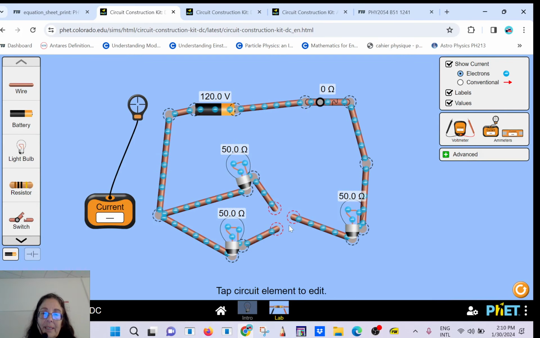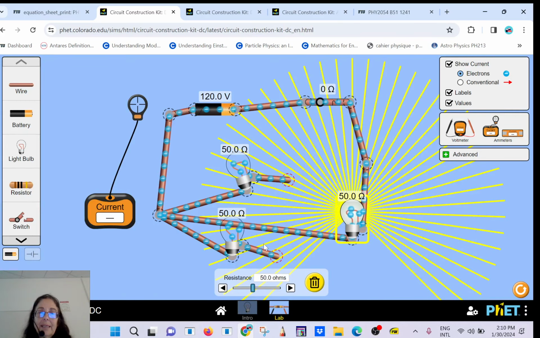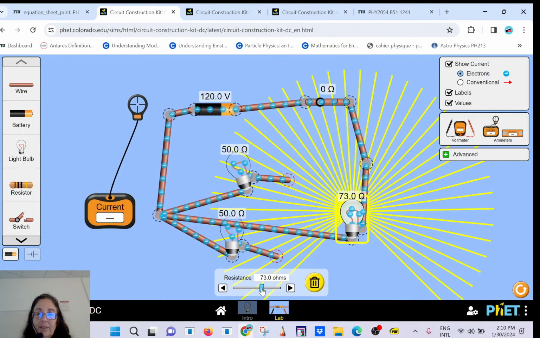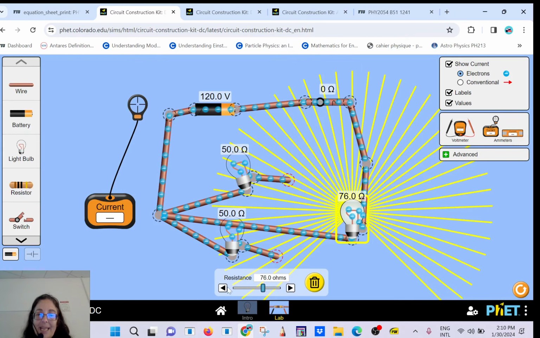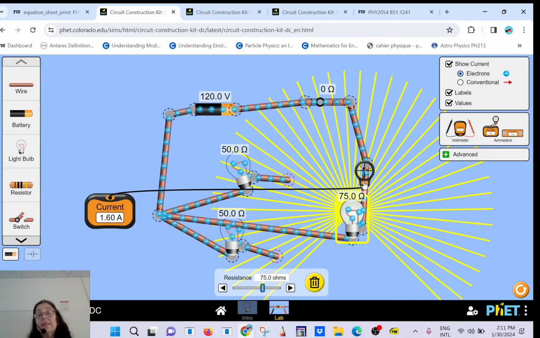Okay, let's check if it is true. I'm going to disconnect here and I'm going to connect that here. So this one doesn't count. It's a dead end, so it doesn't count. And I'm going to increase to 75. Do you get the same thing? 1.6 up, 1.6, 1.6. So what matters is how much energy you are using from the power supply.